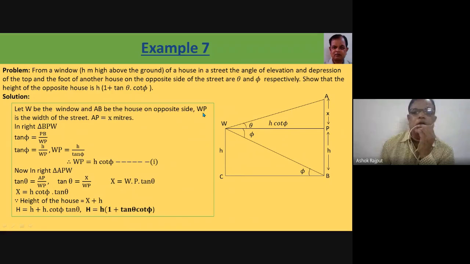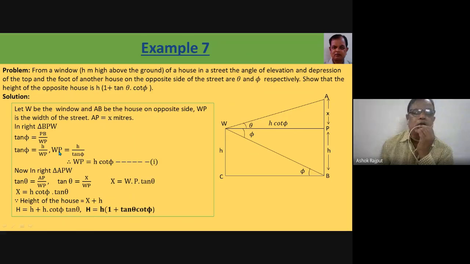Opposite side of WP is the width of the street and AP is x meter. Tan phi equal to SPB upon WP. Tan phi equal to h upon WP.